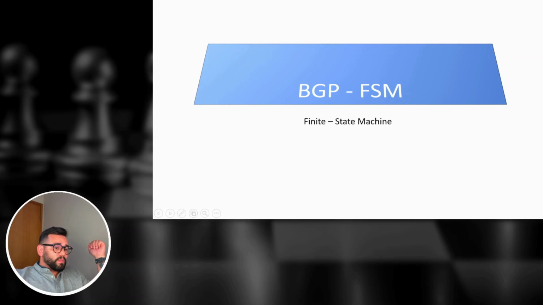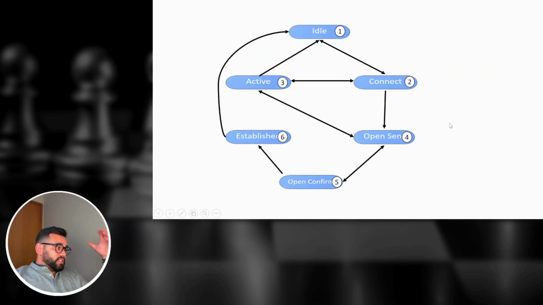BGP FSM, Finite State Machine. It's composed of six steps. Let's describe it here. I'm going to present it as we have here. The BGP Finite State Machine has six states: idle, connect, open sent, open confirm, established, and active.